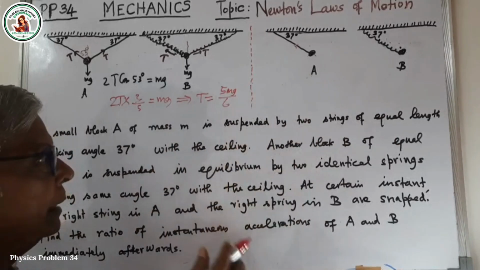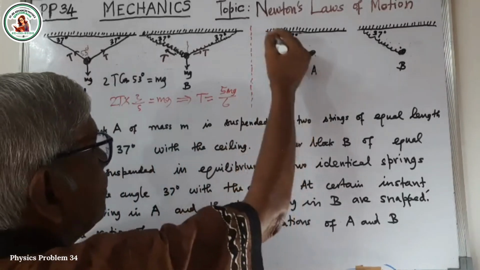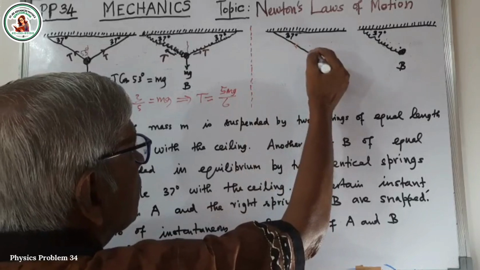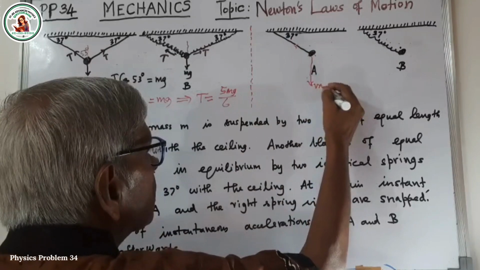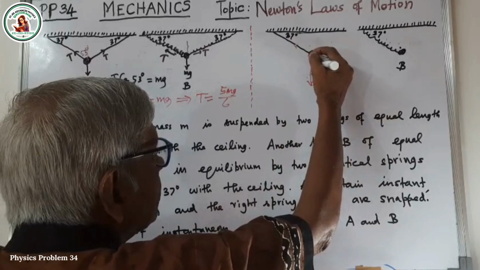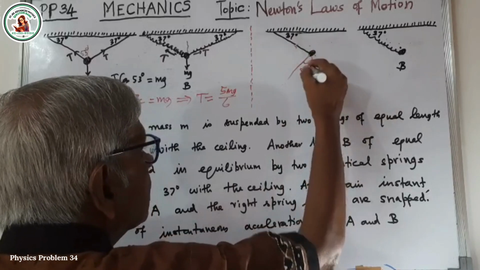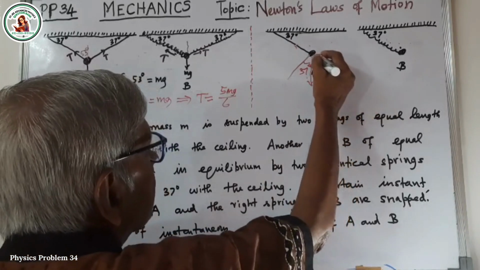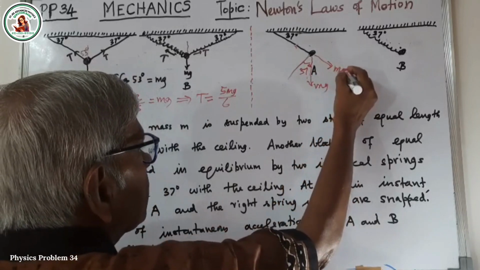Now let us see how the tension changes in the case of the string. Immediately after cutting, the weight mg will try to pull A downwards. This angle is 37 degrees also, so mg sin 37 degrees will be acting this way.